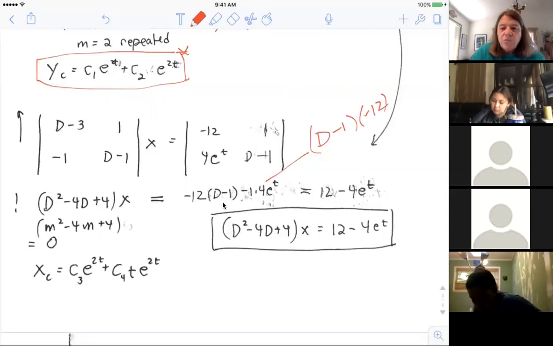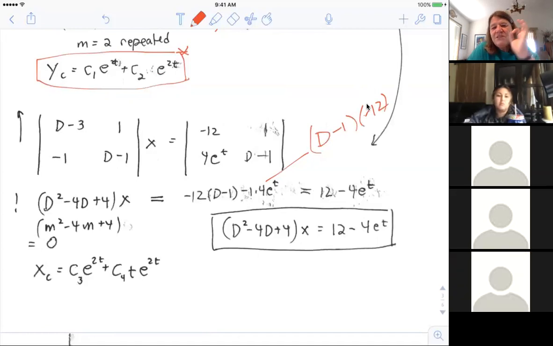So guys, what's the derivative of minus 12? Anybody? It's a constant, so what's it going to be? Derivative of minus 12? 0. It's going to be 0. And then minus 1 times minus 12 will give you 12. That's where you got that.